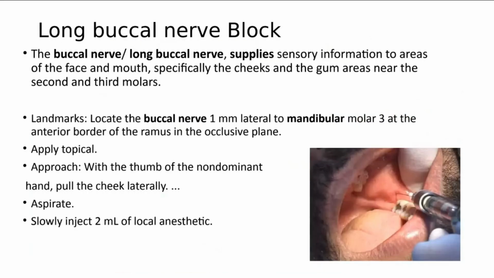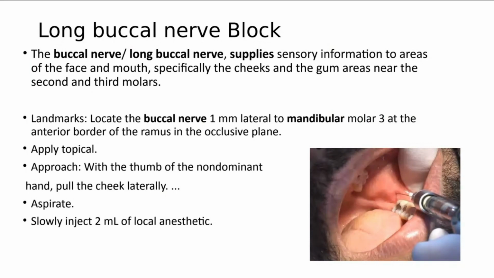If you're working on one of the molar teeth, you need to get the buccal nerve, also known as long buccal nerve. You need to block this nerve as well.